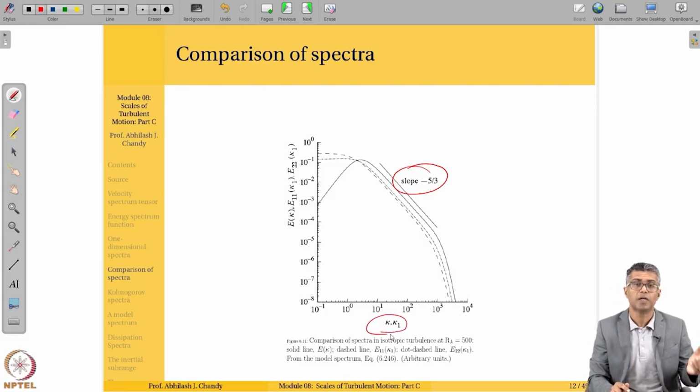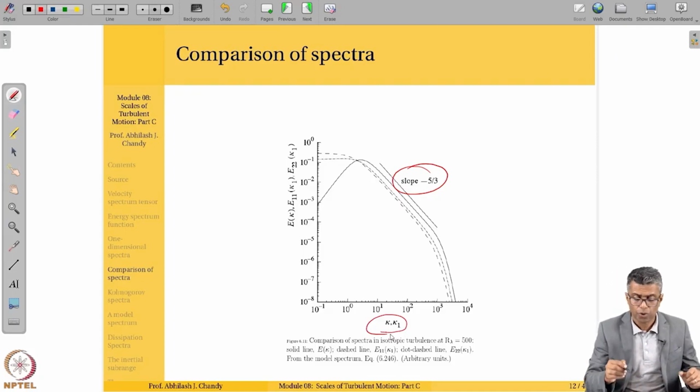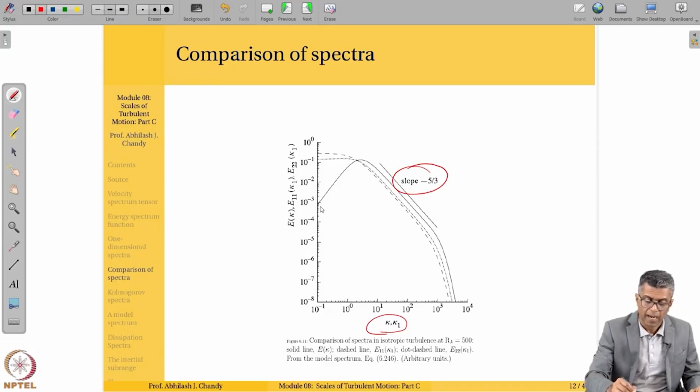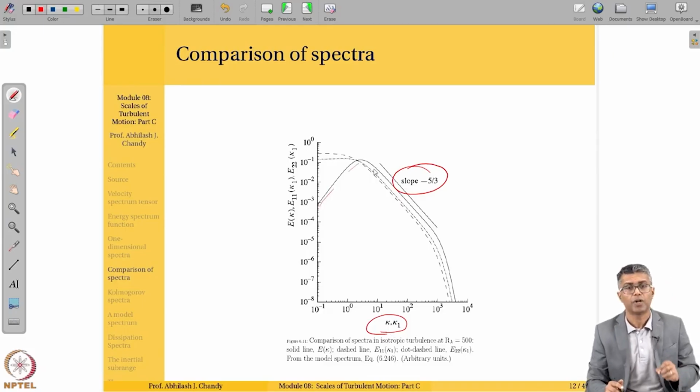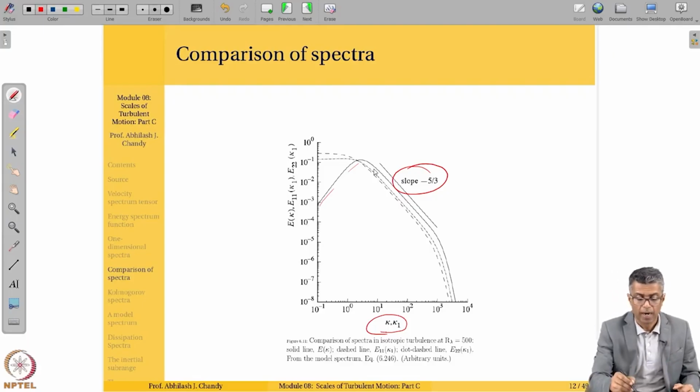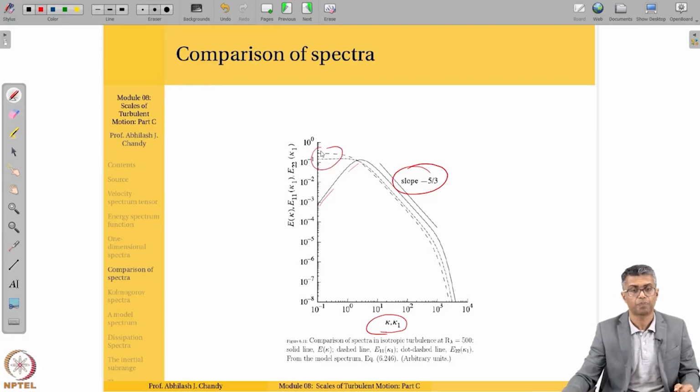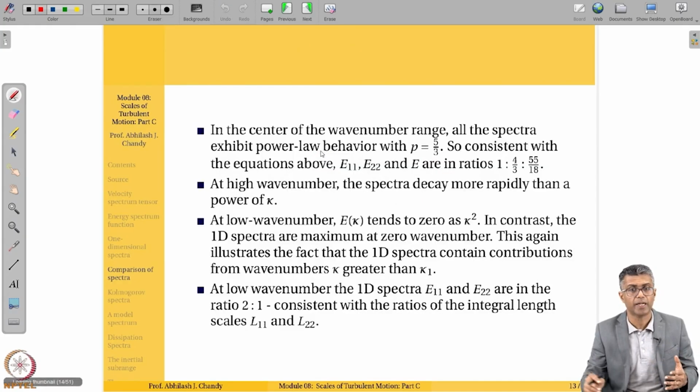E11 is plotted with kappa 1 and E22 is plotted with kappa 1 as well, and E of kappa is plotted with kappa. So notice the differences. You have a different kind of variation for E of kappa at the low wave numbers, whereas E11 and E22 have higher values. They do indeed have some meaning.